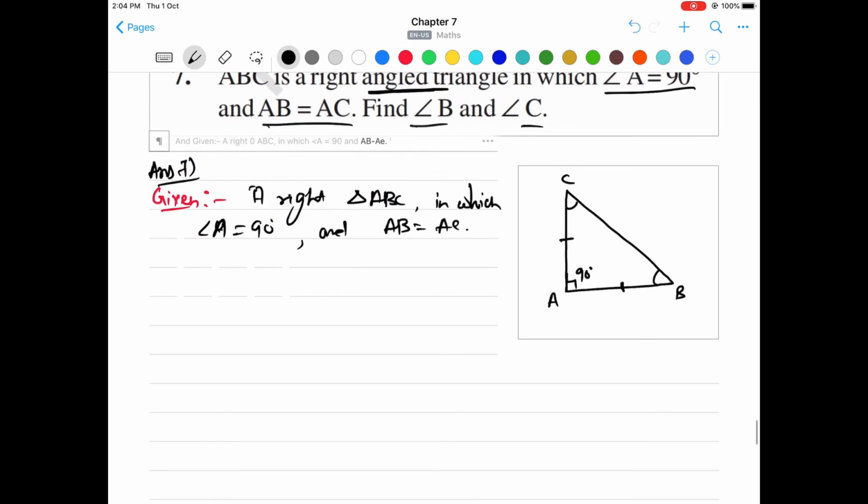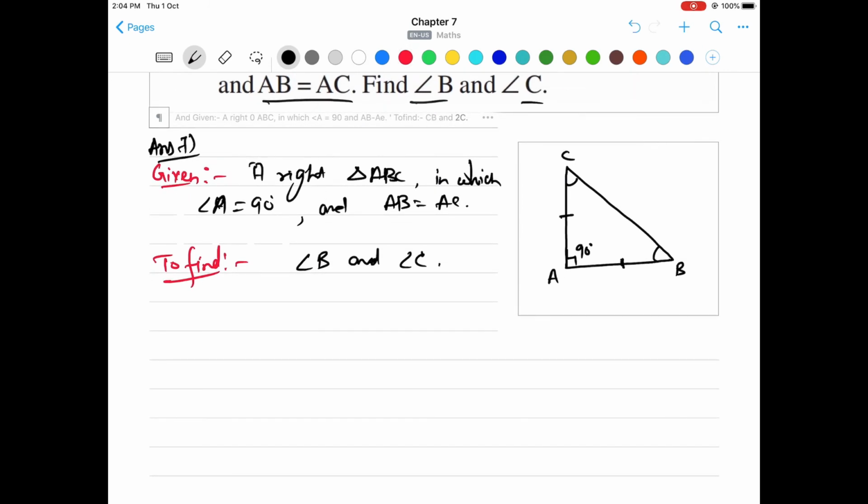We have to find the measure of angle B and angle C. Okay, so let's start the solution now. Here we are not asked to prove anything, so we'll write the solution.